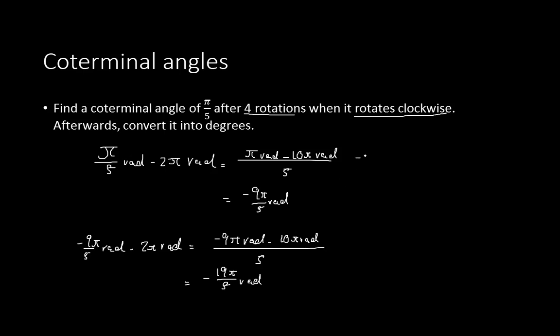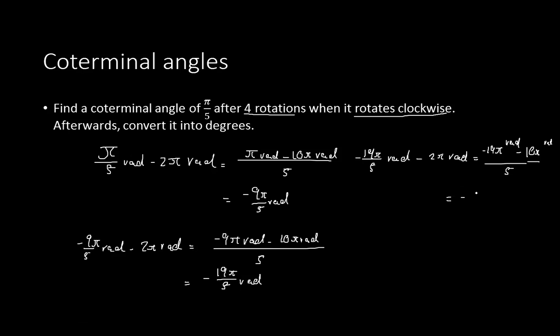Now for the third rotation, negative 19 pi all over 5 radians minus 2 pi radians. Sorry if I write too fast because I'm in a hurry, but anyways, let's proceed. What we will have here is negative 19 pi radians minus 5 times 2 is 10, so 10 pi radians, all over 5.